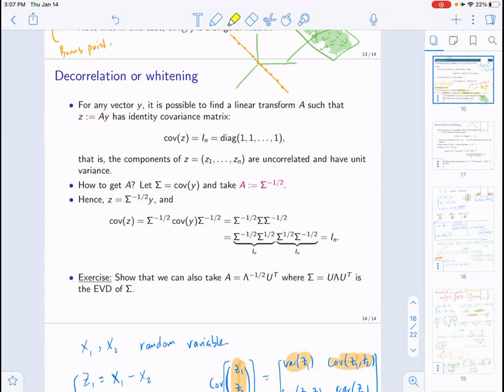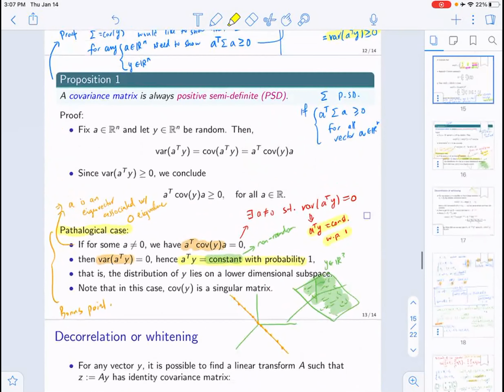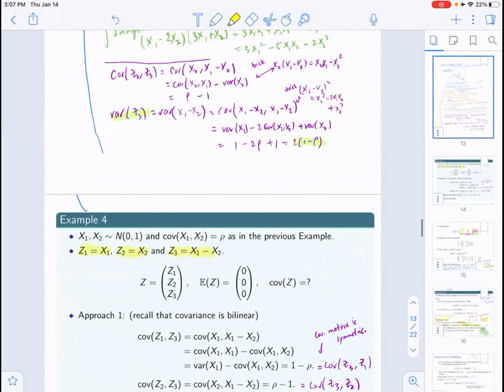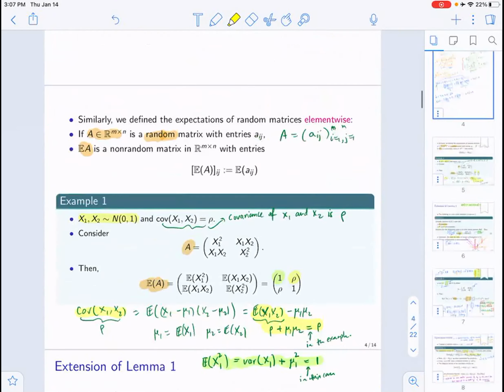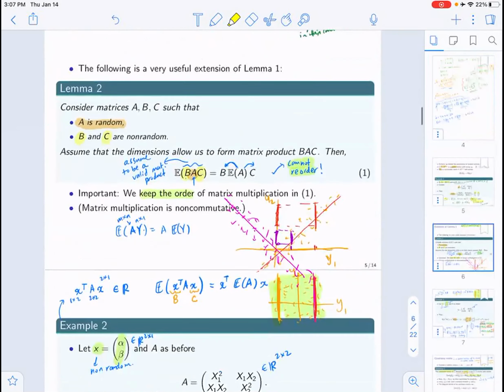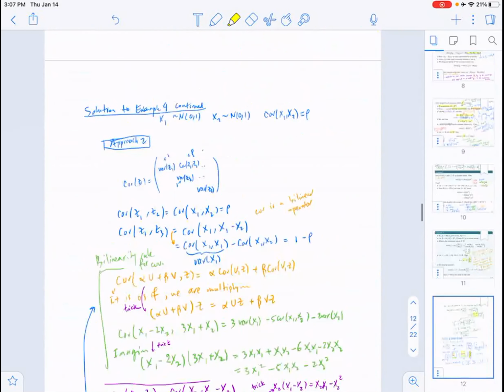Was this clear, everyone? This is relatively advanced, I would say. We're not going to use it as often. Lemma 3, and this is good to know. So you learn three things, hopefully at least three, maybe four. First, this lemma, which is very useful: how to compute the covariance of a transformation.